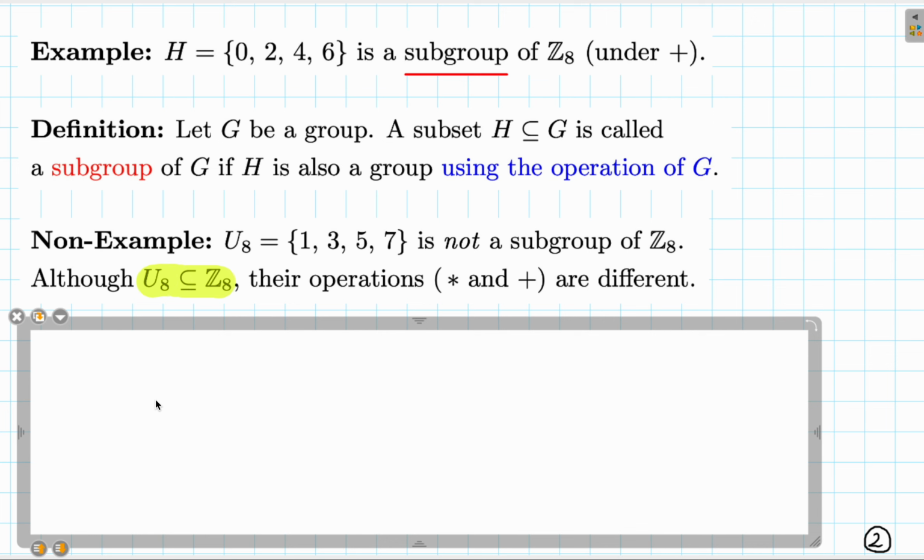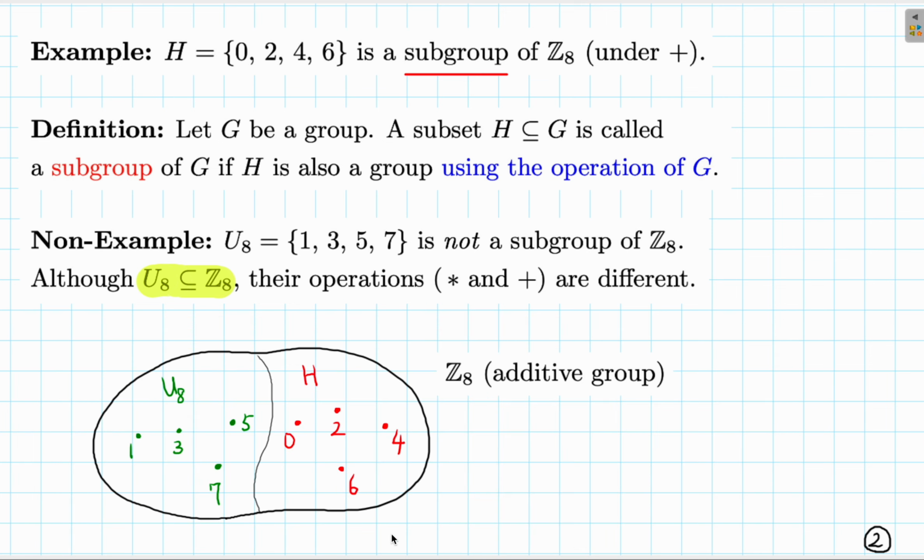And so here's kind of a quick visual. We have Z8. This is all of Z8. But Z8 is a group under addition. And so we see 2 subsets of Z8, actually splitting the whole group in half. This subset H is a subgroup of Z8 because it's a group under the same operation, namely addition.